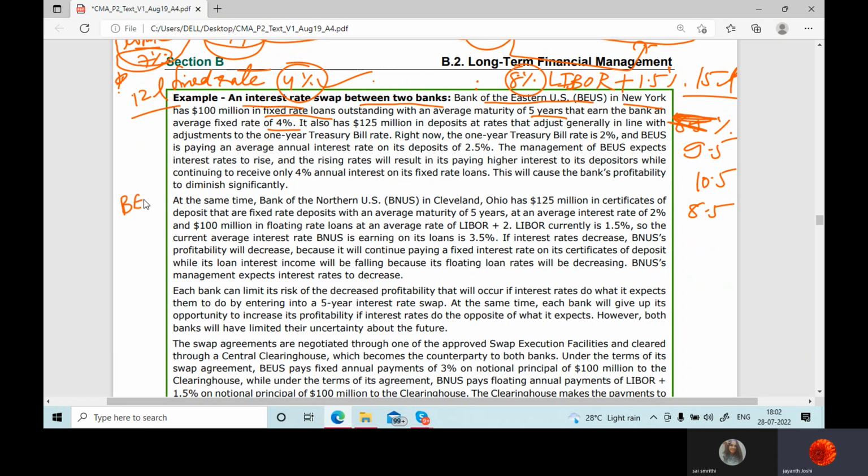BEUS is a bank in New York, has $100 million in fixed rate loans. They have given loans to people. So when they have given loans to people, they have to receive money or not? Yes or no? Yes, sir. So they will be receiving 4% interest from people, and this is fixed.